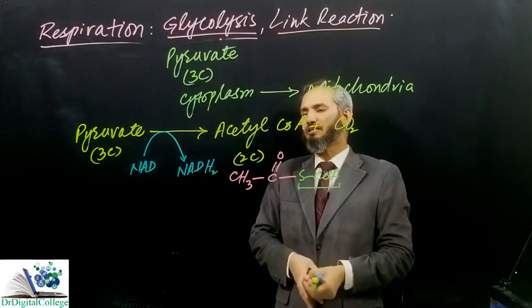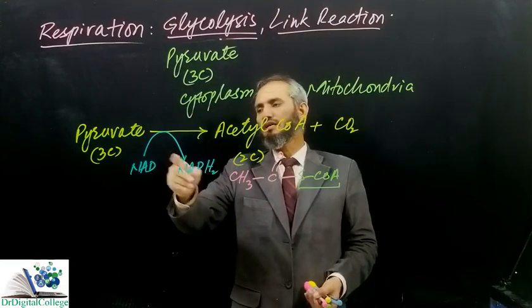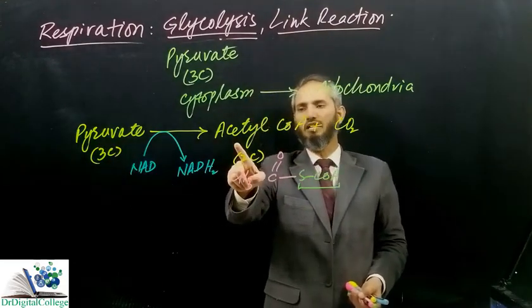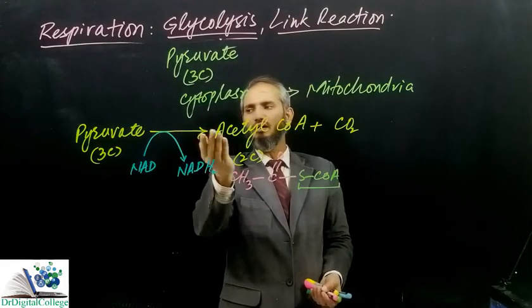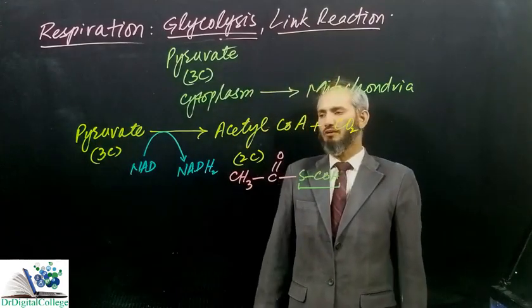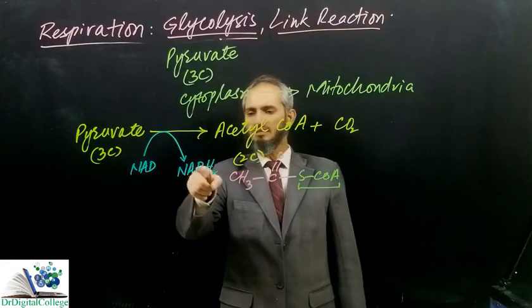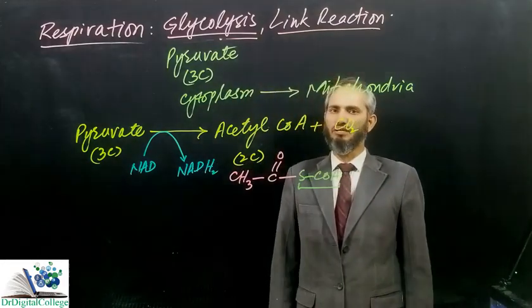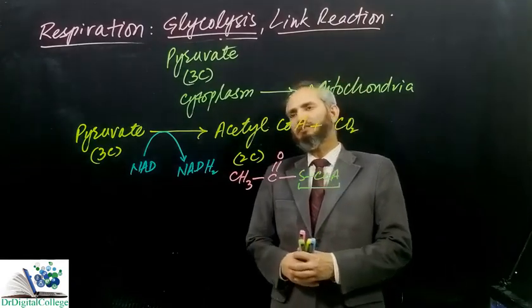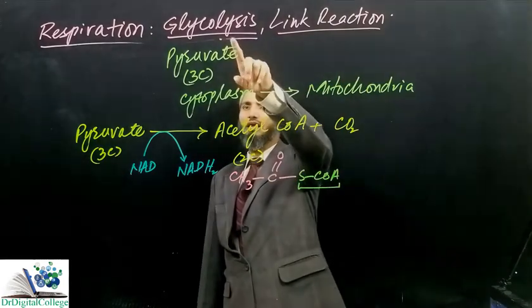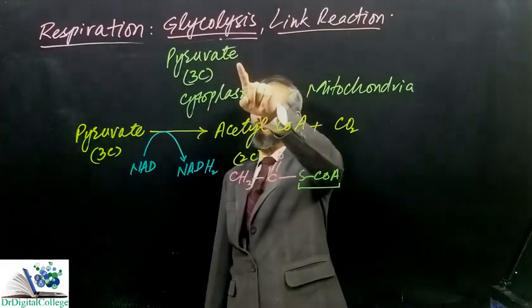What does it mean? NAD is being reduced and pyruvate is being oxidized. So this is the oxidation of pyruvate into acetyl coenzyme A, whereby the oxidizing agent is NAD, which is itself reduced into NADH2. If we try to balance this equation, from glycolysis we got 2 pyruvate.